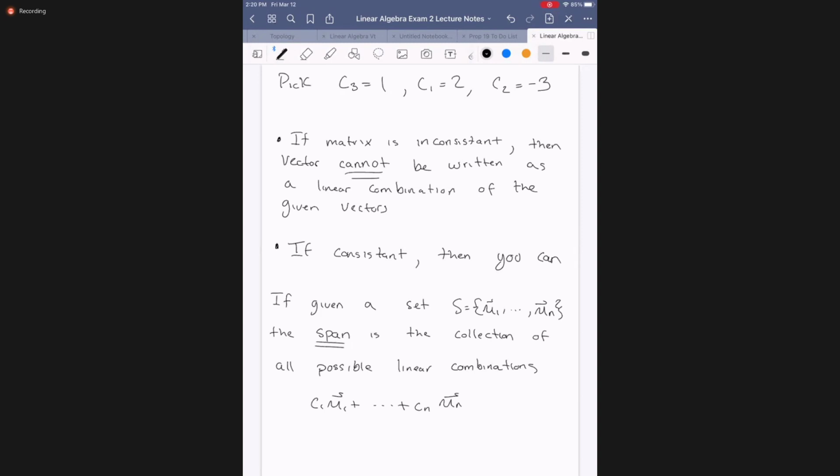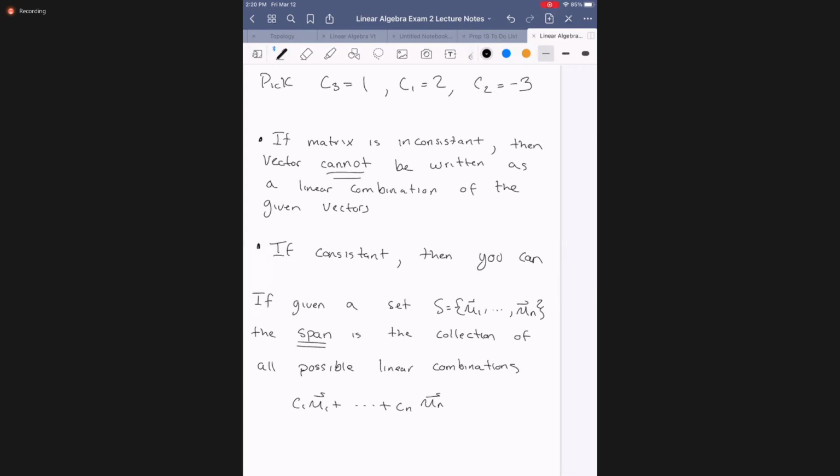All right. So definition. Let S equal say u1 all the way to un be a subset of V, where V is a vector space, right?